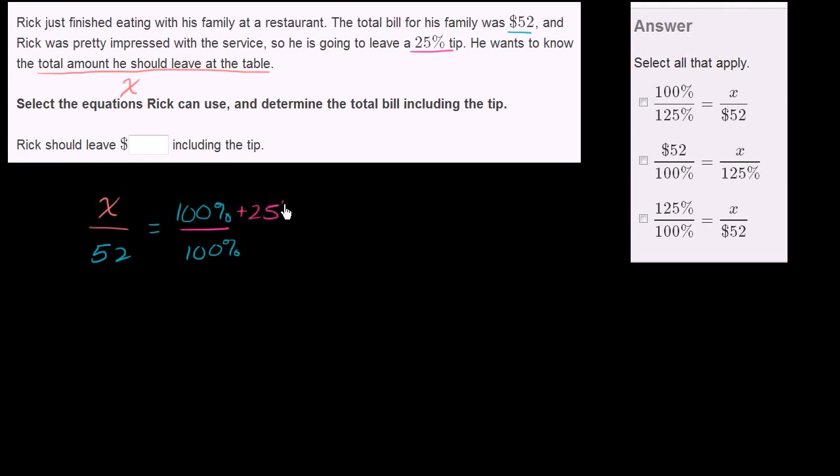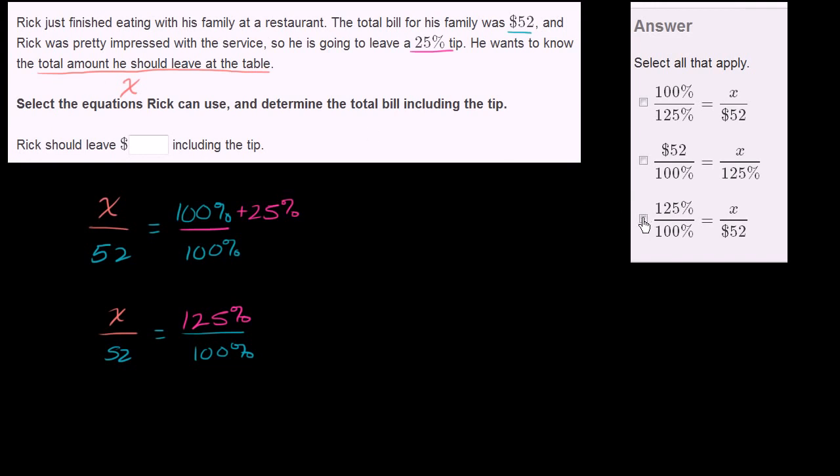So we could rewrite everything that I just did as X over 52 is equal to 100% plus 25%, which I could write as 125% over 100%. Now, if we look at the choices here, this looks exactly like this. If we just swap the left and right-hand side, we get 125% over 100% is equal to X over 52.